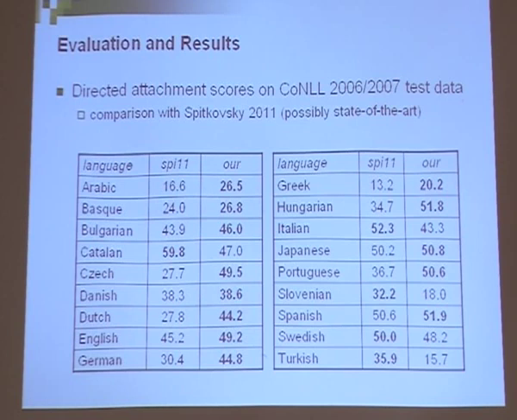And I compared the results with results reported by Spitkovsky 2011, which is possibly state of the art, but we don't know, because many papers present the results only for English, which I think is not fair. The parsers can be very good, but if they have good results for English, it doesn't mean that they have good results for other languages. So the comparison is with Spitkovsky because he reported the results.